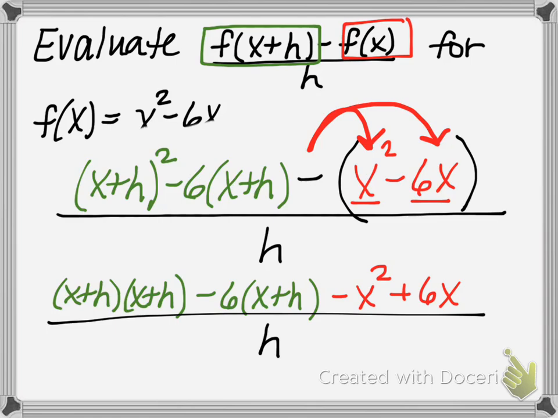So let's continue with our algebra, multiplying out x plus h times x plus h. Remember, we'll distribute. x times x will be x squared, x times h will be xh, and then we'll continue distributing. Some of you call this foiling, and we'll distribute this negative 6 as well.